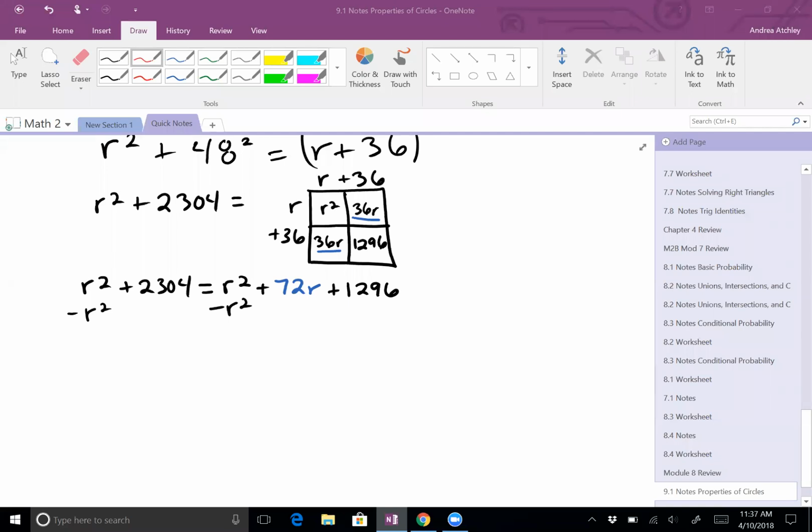Okay, so we moved the R squared to the same side, which is very helpful at this point because R squared minus R squared is 0. So I just get left with 2,304. It's not going to let me draw right now.